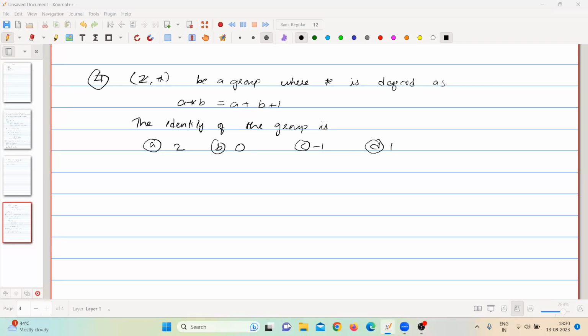So let us solve the problem and see whether the answer is minus 1 or not. Suppose E is the identity. Then we should have A star E equal to E star A equal to A for every A in Z.